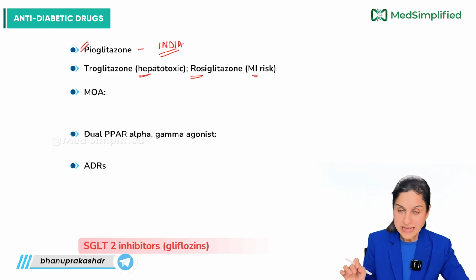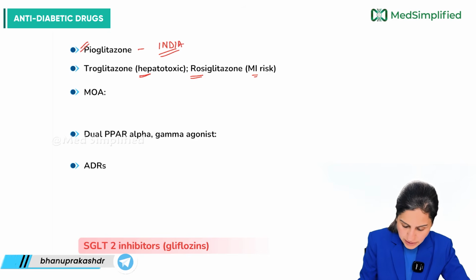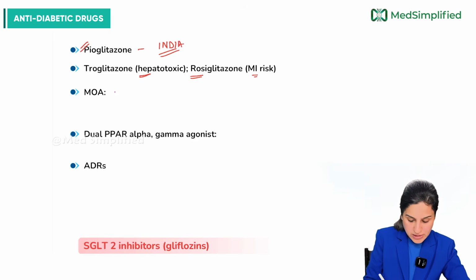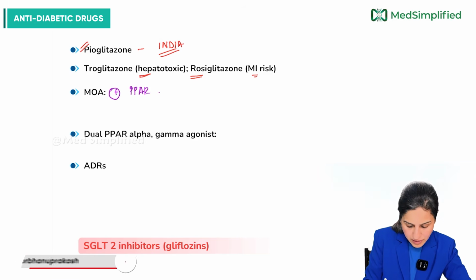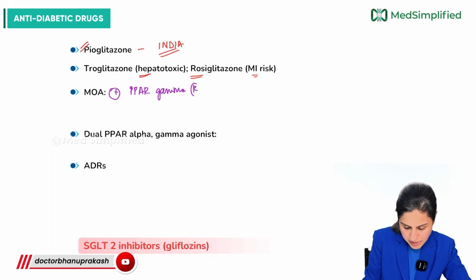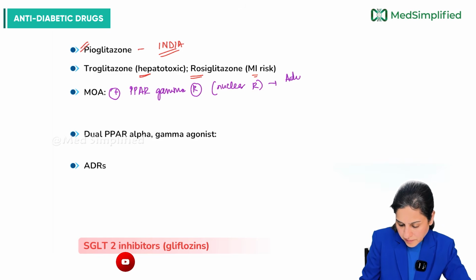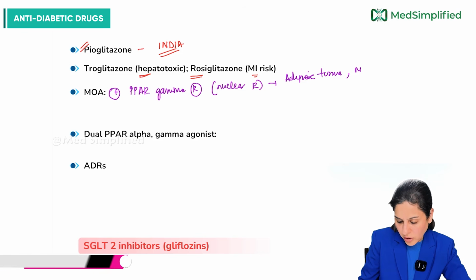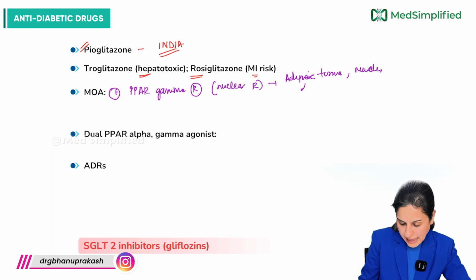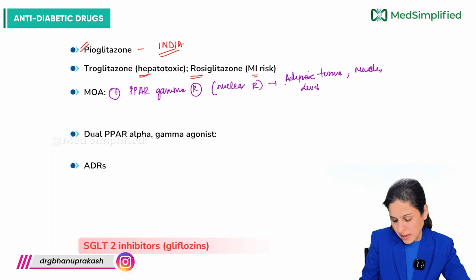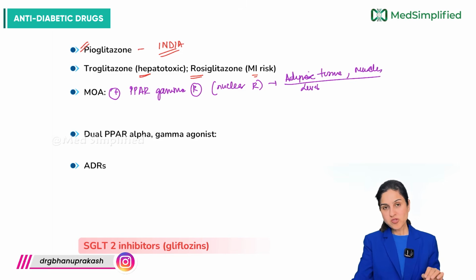And what is the mechanism of action of pioglitazone or thiazolidinediones? They stimulate the PPAR gamma receptor, which is actually a nuclear receptor. And this is present in the adipose tissue, on the muscle and on the liver as well, but mainly on the adipose tissue and the muscle.